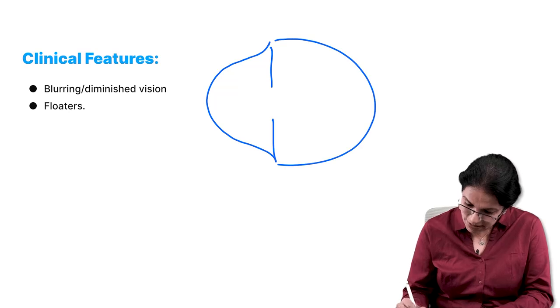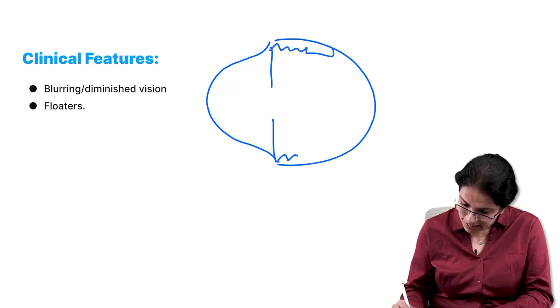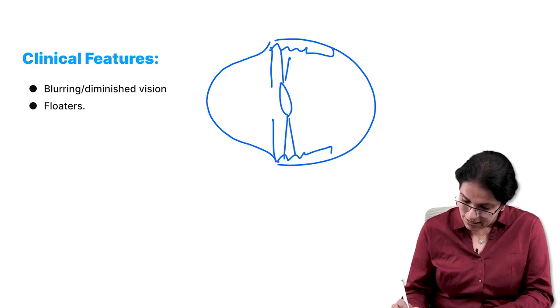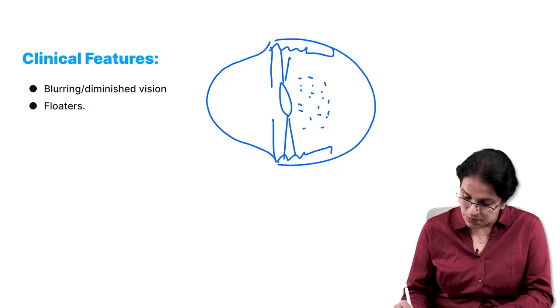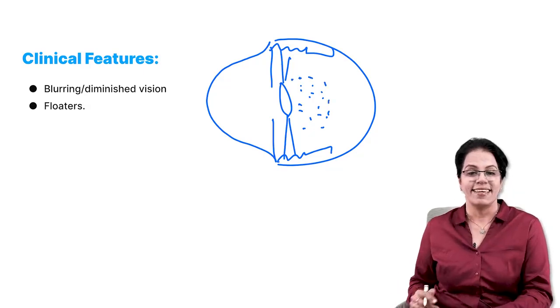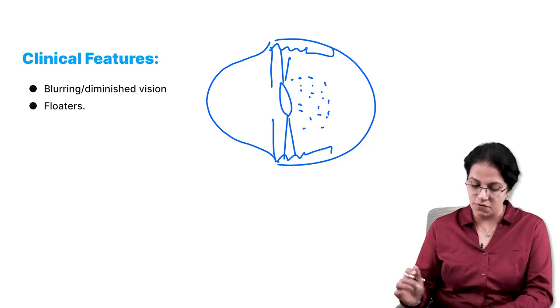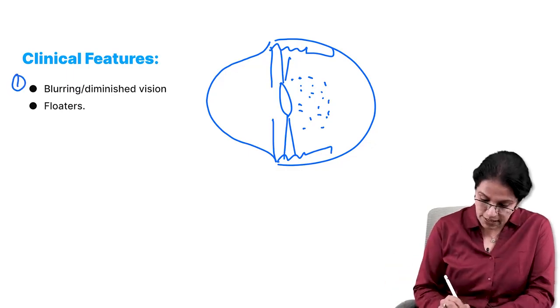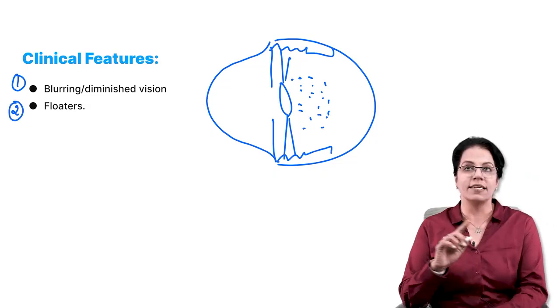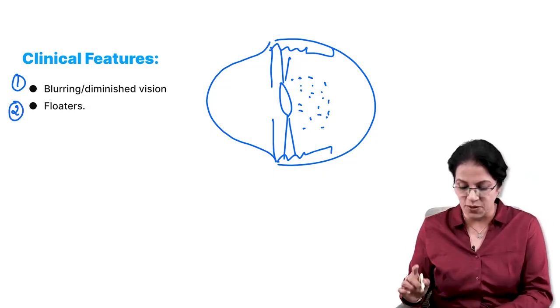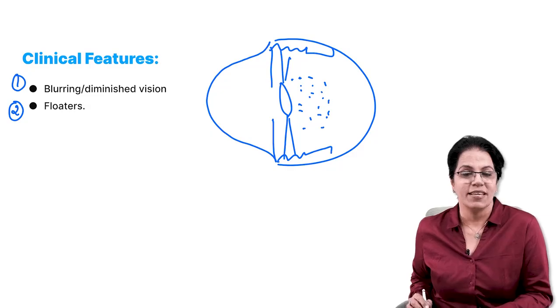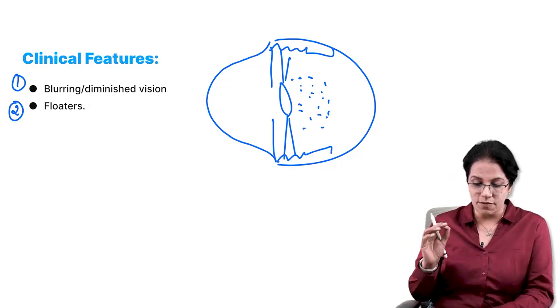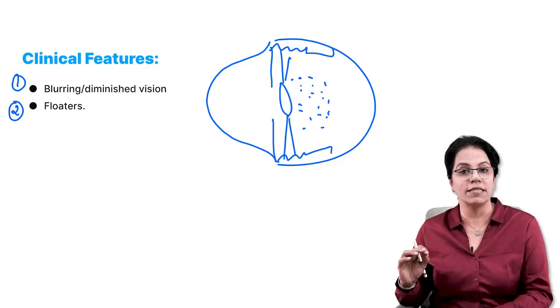If this part is involved, with inflammatory cells and inflammation here, do you realize what the problem in the patient will be? It will be blurring or diminution of vision. That is number one. And of course, the patient can say that something is floating in front of the eyes, which are called floaters. Got it? So, floaters or blurring.